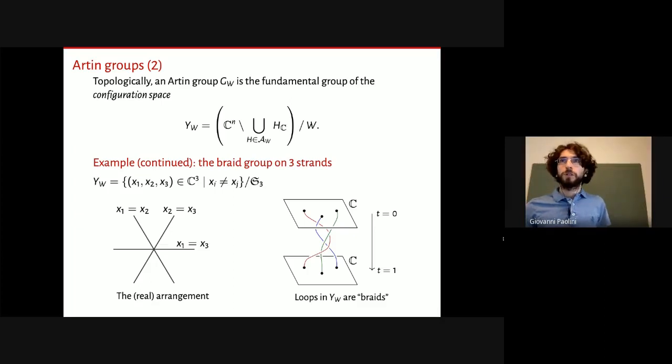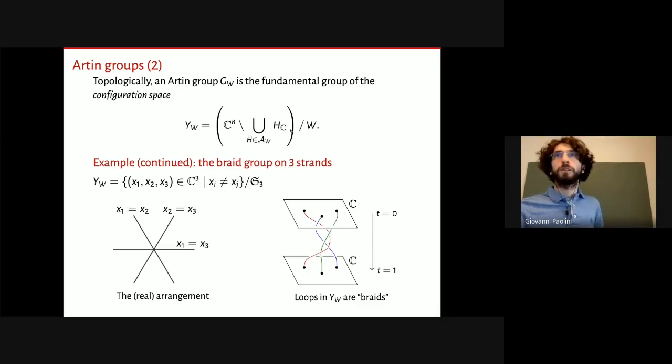Okay, so if you have your reflection group W, you can look at this configuration space YW, which is obtained by looking at the action on Rn and looking then at the complexification of this action. So basically, instead of Rn, we now have C to the n, and we remove all the complexified hyperplanes in the arrangement.